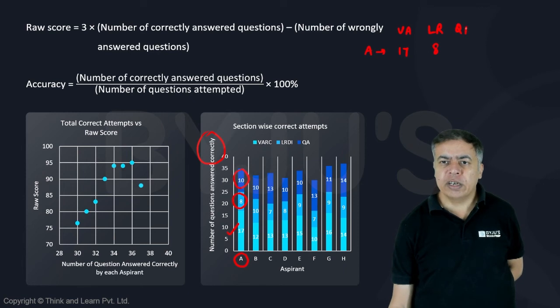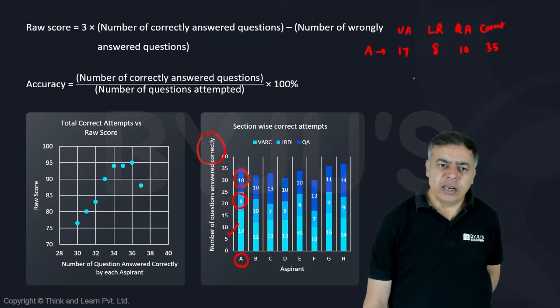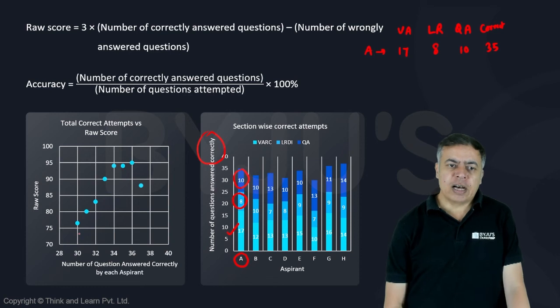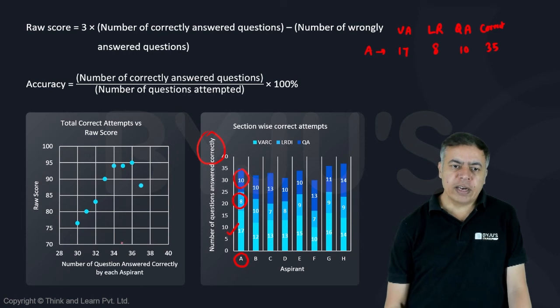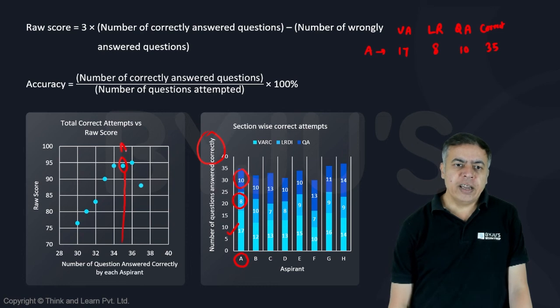So total correct is 17 plus 8 is 25, and 10, 35. Now you will see the left graph, 35 correct. So this must be candidate A, because he has got 35 correct.